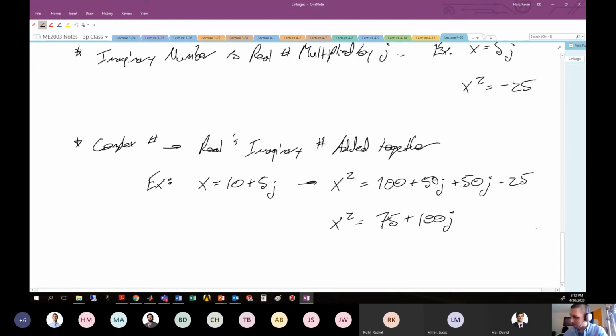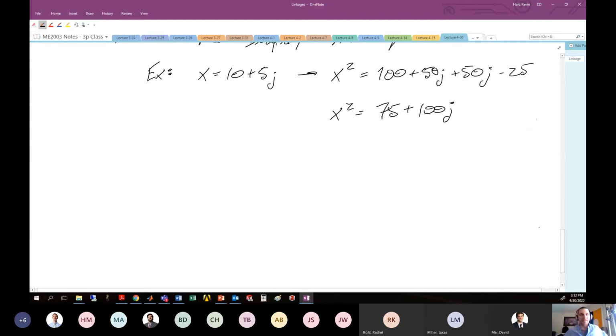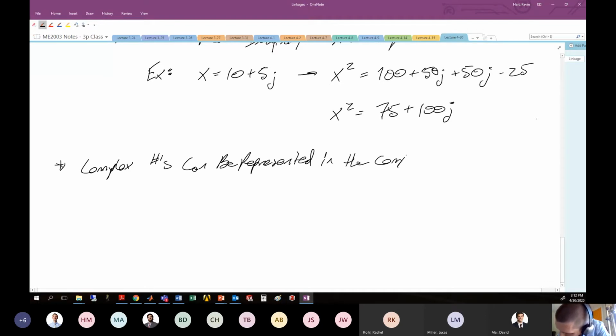All right, so this is complex numbers, and complex numbers can be represented in what's known as the complex plane. Right? And the analogy here is that you're used to a plane that contains the x direction and the y direction, but the complex plane has the real axis as the x-axis and the imaginary axis as the y-axis.